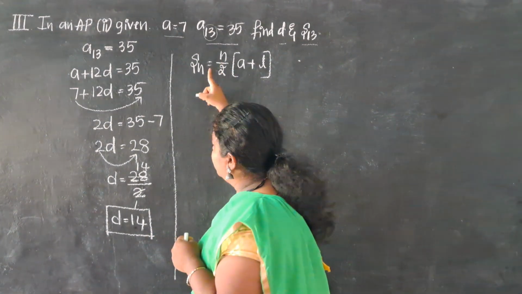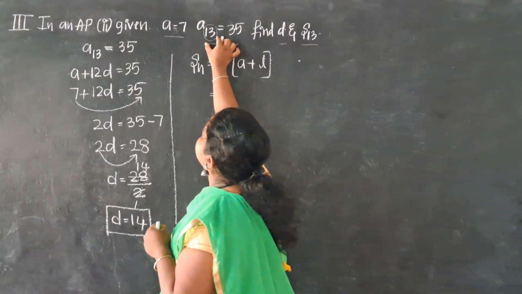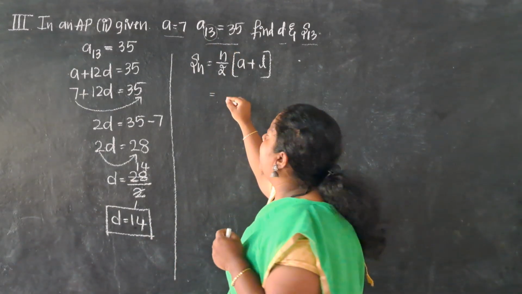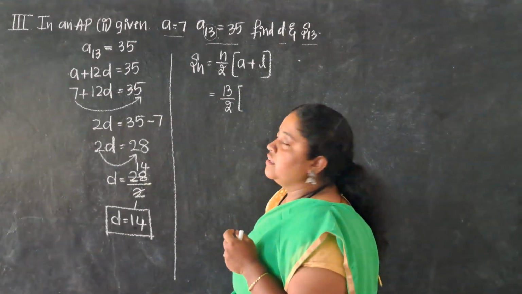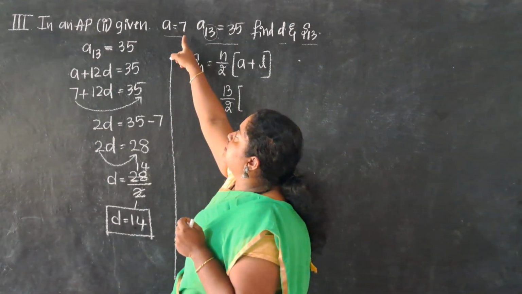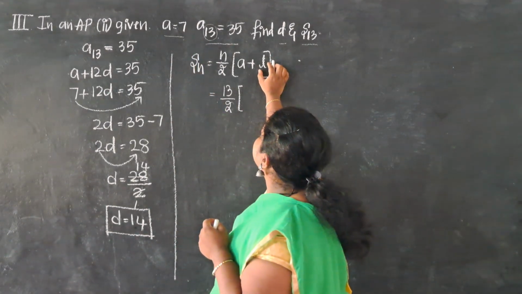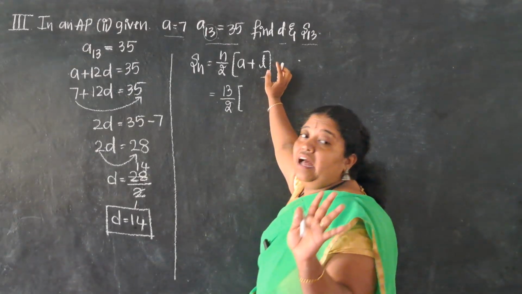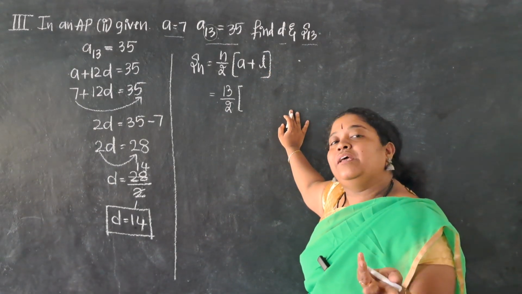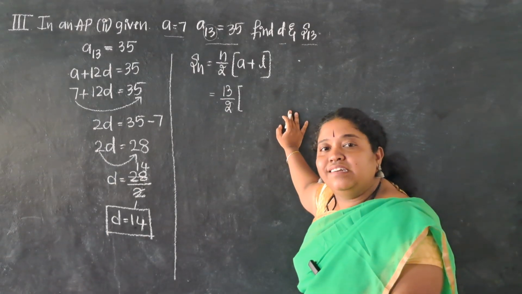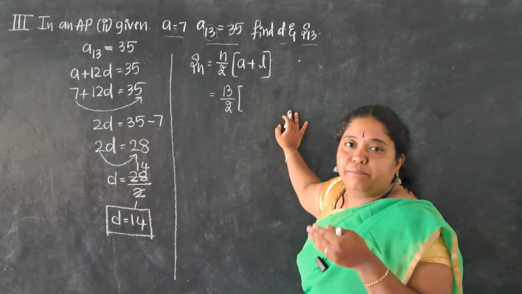What is the n value? I told you n is inbuilt, given. What is the n value I have? 13. 13 divided by 2 into bracket. What is the first term I have? The first term is 7. And what is the last term I have? See, in an arithmetic progression, 13 terms are there. So what will be the last term? The 13th term itself is the last term, my dears.